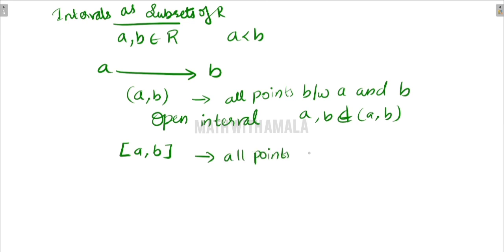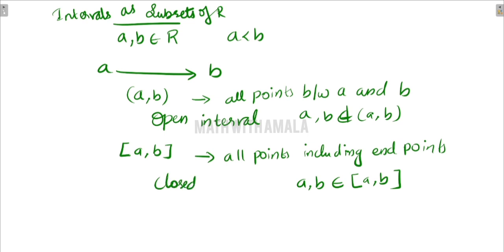And if we consider A and B also inside, including the points in between, then it is a closed interval. So the set of all points including the end points also is called a closed interval, where A, B will be there in the closed interval. Now you can look at the brackets. The difference in the brackets is given there. In the first, the open interval, it is an open bracket, and in the next one it is a square bracket.